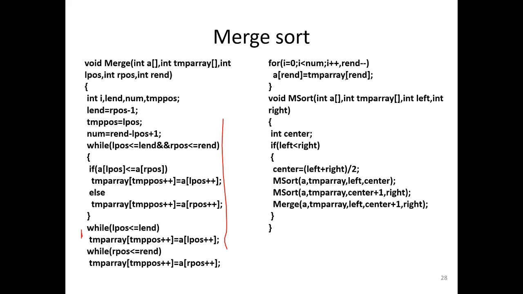So copy from the last element to the element available in the leftmost position, by using this statement: A of right hand equal to temporary of right hand. So just copying the elements from temporary to the original array.